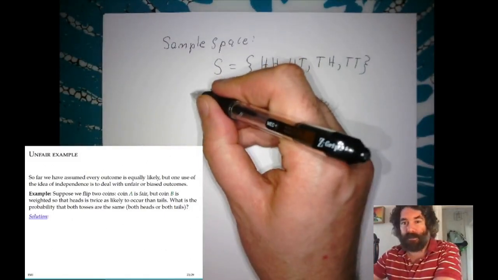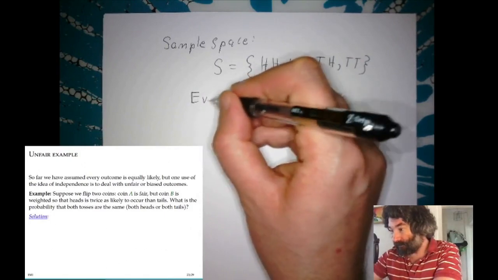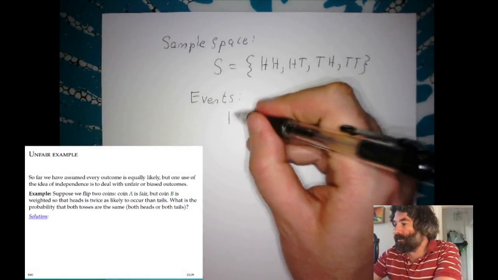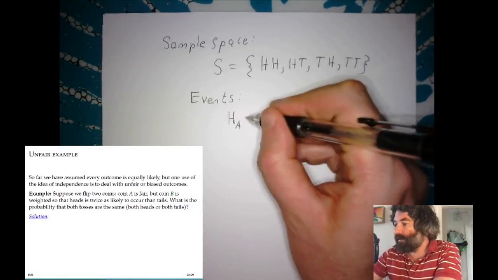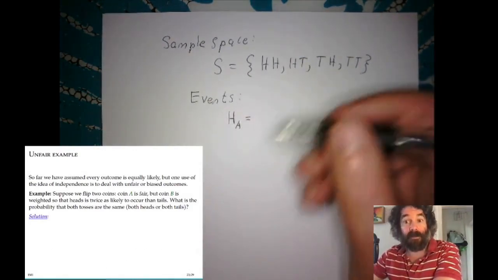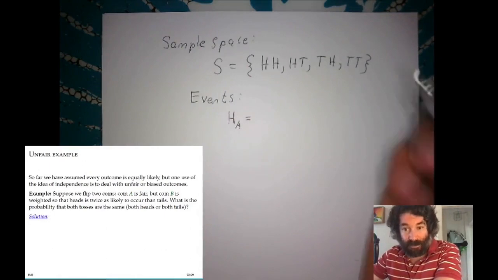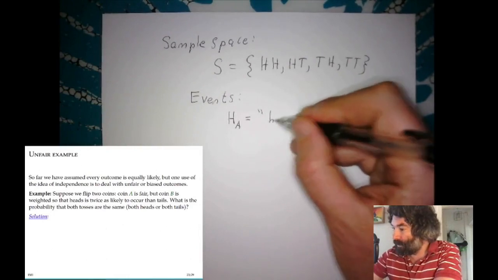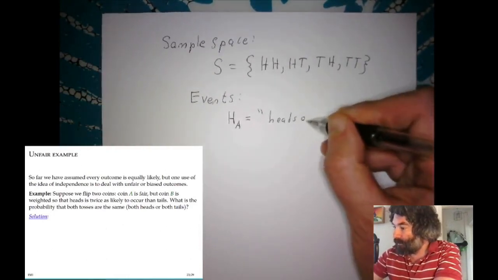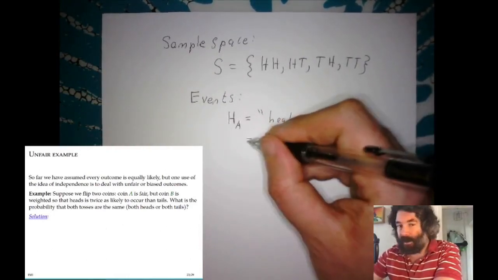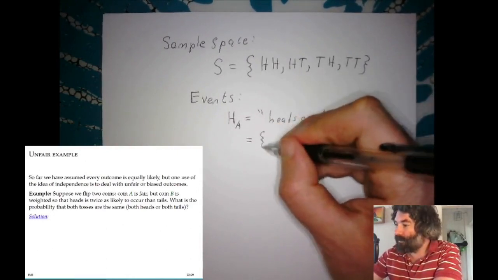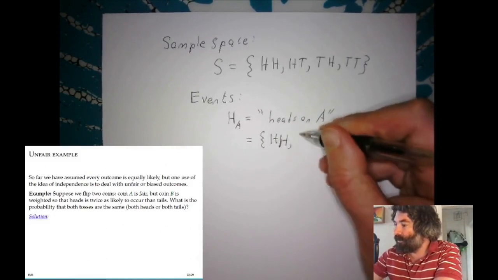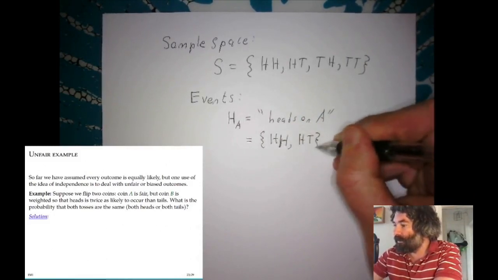And so let's consider some events. The first event I'm going to label is H with a subscript A, which will be that we flip heads when we flip A. So on the coin A, we get heads. As a subset of the sample space, that's the outcomes HH, heads on both, or HT, heads and then tails.